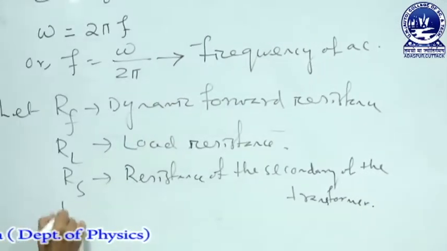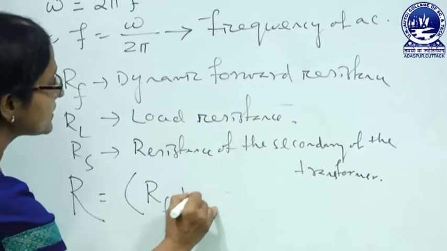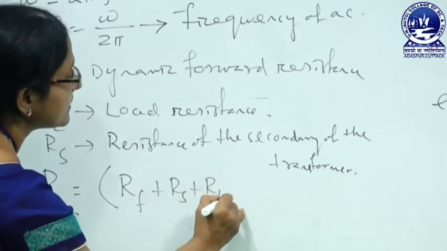But what is the total resistance? That is R. So R equals Rf plus Rs plus RL.